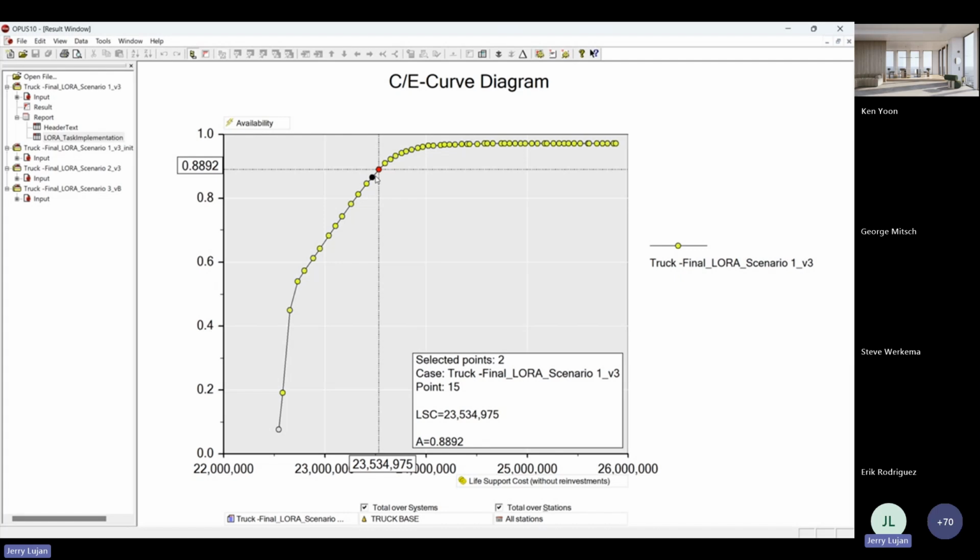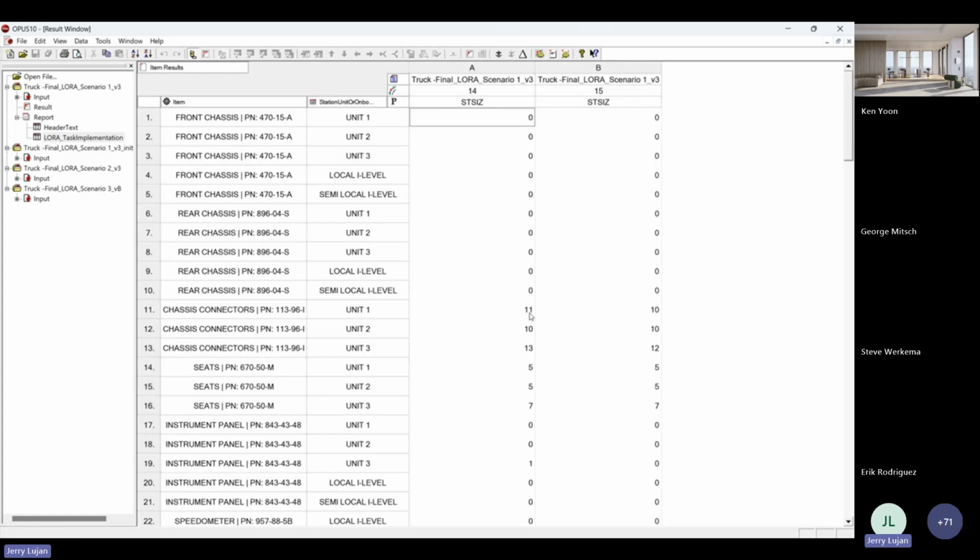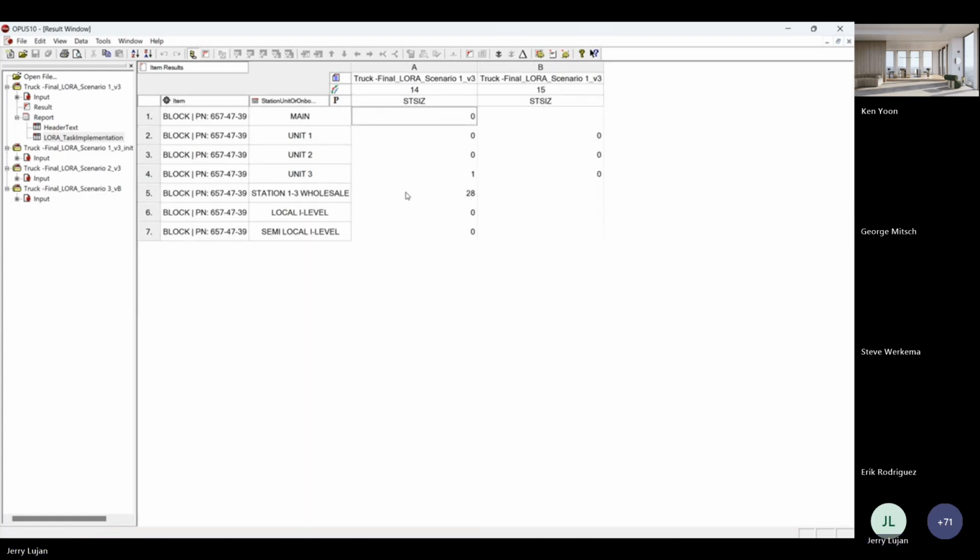The length of time that it is not available, not in the system to actually be on the truck, you're not able to reach that level of availability. And so you have to, in this case, actually stock 28 of these at the wholesale. Interestingly, now look at this, however, but you don't stock any over here at the first point of reorder.